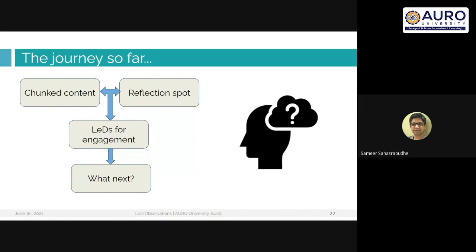So if we can envisage a particular reflection spot which has strong roots in the audio part of it, why not? In fact, I can think of a music lecture. I would like to say that I have played a particular type of ragas, so can you let me know which ragas can be associated with this formation of notes, or think of movie songs based on the pieces that I have just played for you?